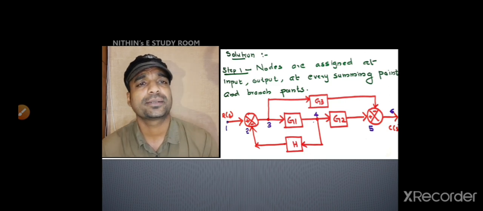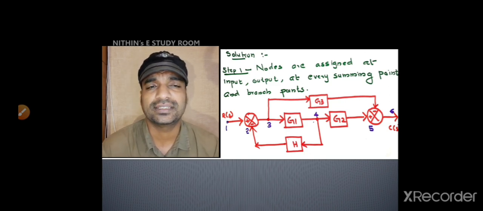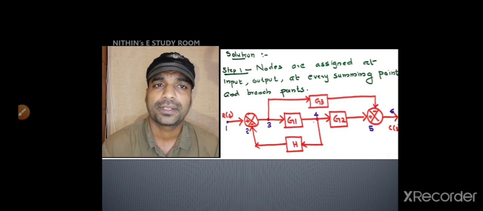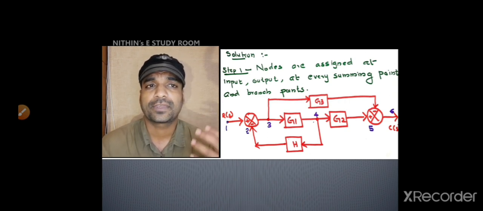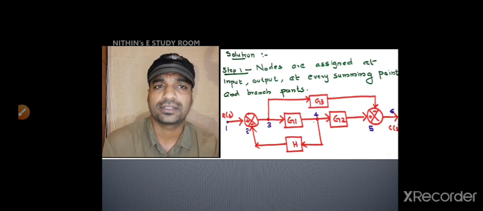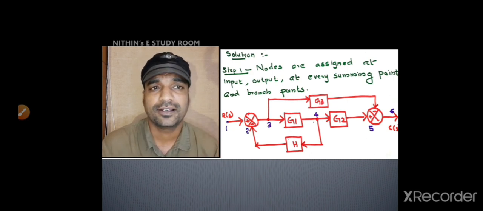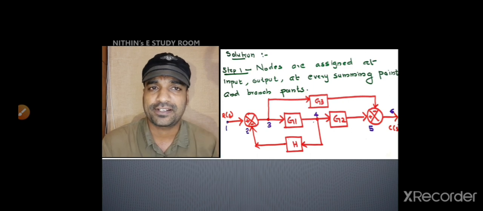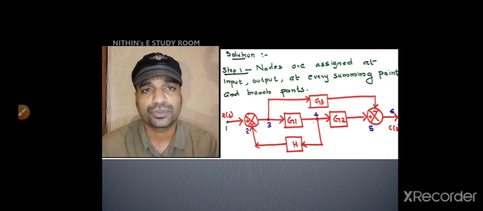So in the block diagram you can see G1, G2, G3 marked. Previously we discussed that these all are some Laplace transformation of some mathematical functions. It may be a differentiation, integration, such things. I think you remember the class.